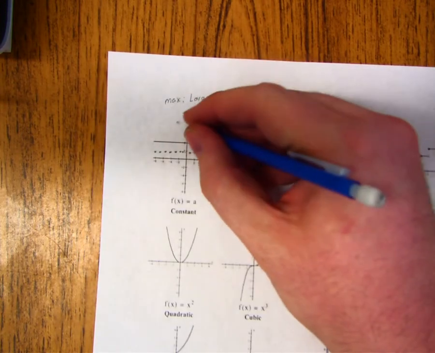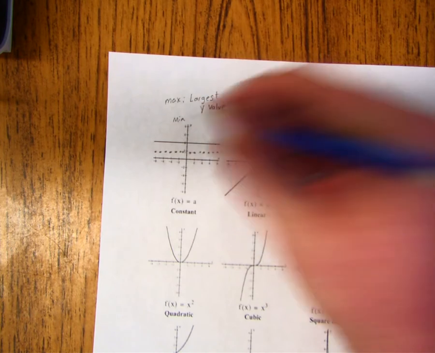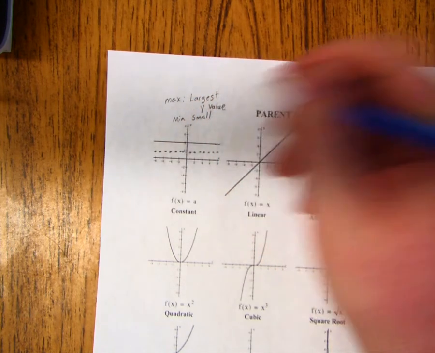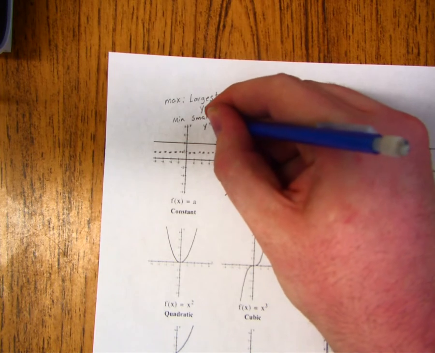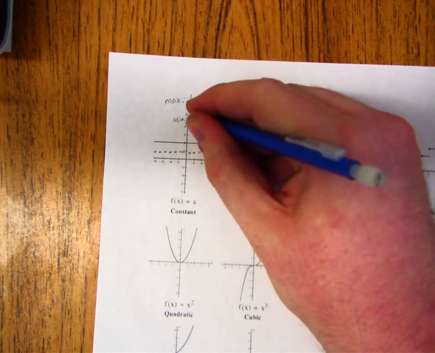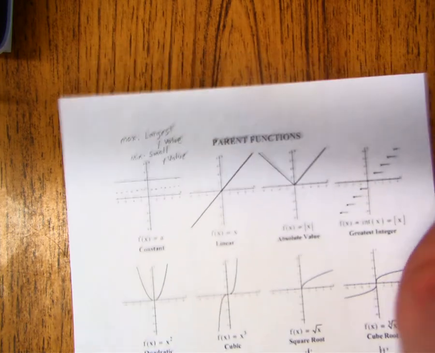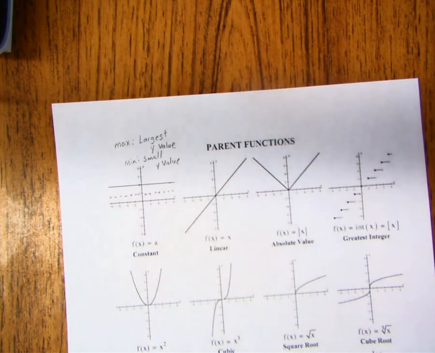Alright, well, what about our minimum? Our minimum is going to be our smallest y value, or our lowest output. And as we're looking at it in this case, again, there's only one y value that we have.